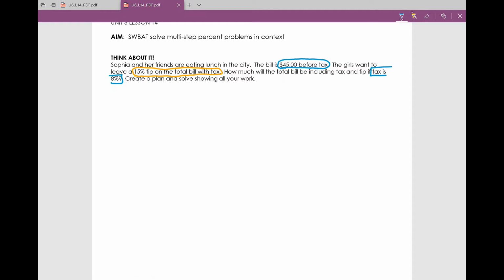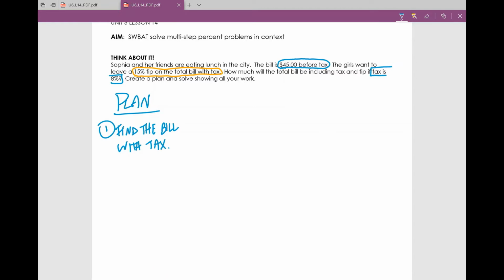So let's create a plan for this. First step. Again, we know that the bill is $45 before tax, but they want to leave a tip on the bill with tax. So we need to find the bill with tax.